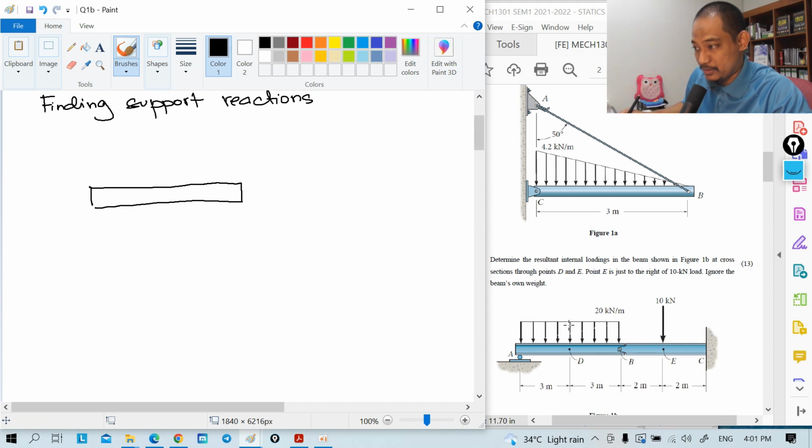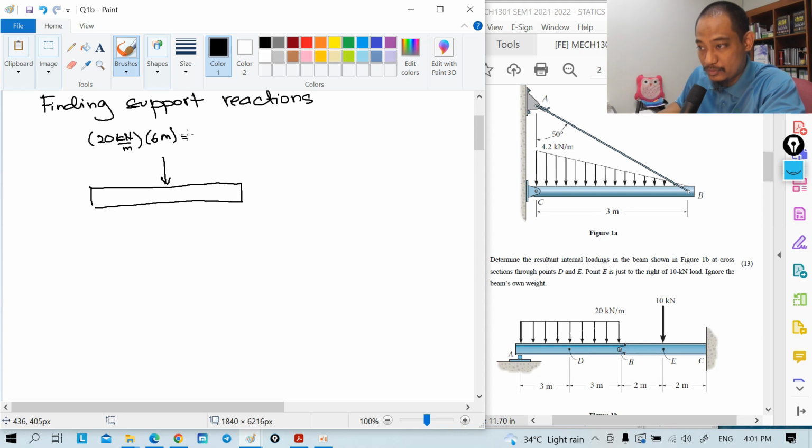And then you have this distributed loading, right? Because it's even like that, it should be at the middle, and the value will be 20 kilonewton per meter times the distance of 6, so 6 meter.